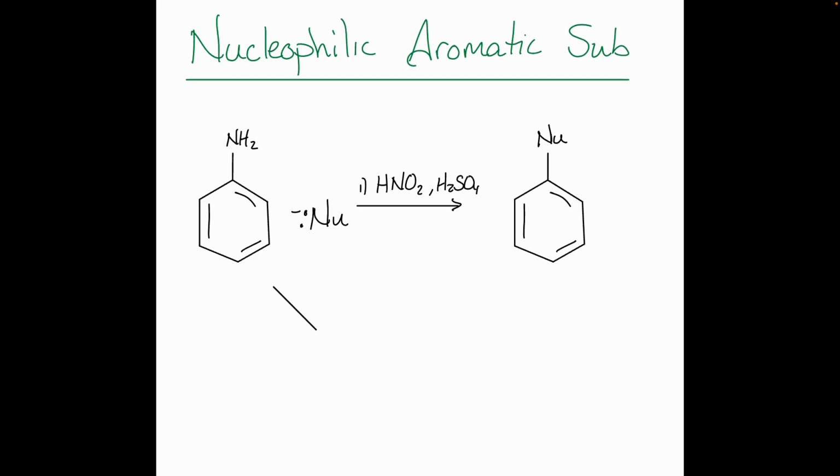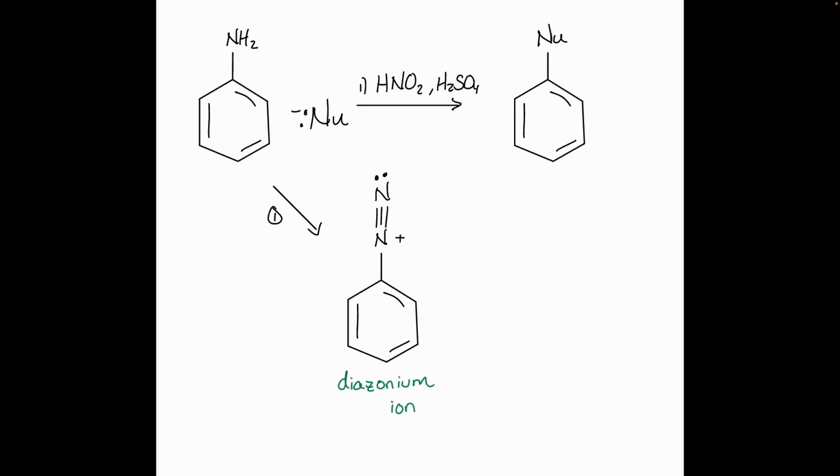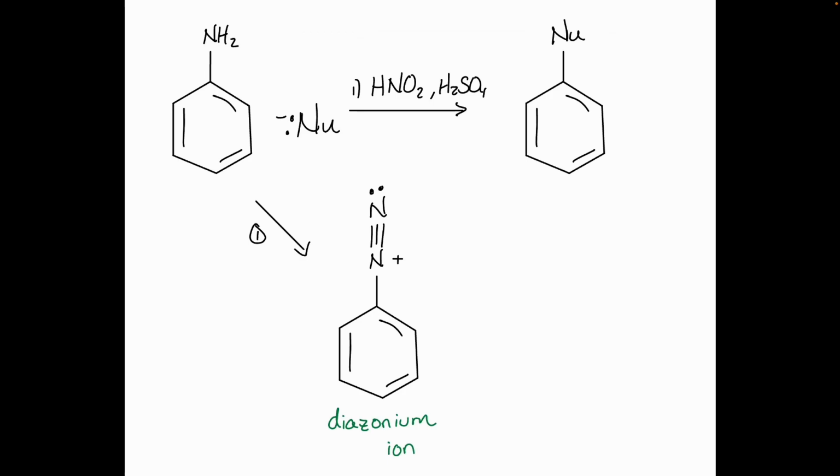What that first step is going to do is turn that into a good leaving group by creating what's called a diazonium salt.